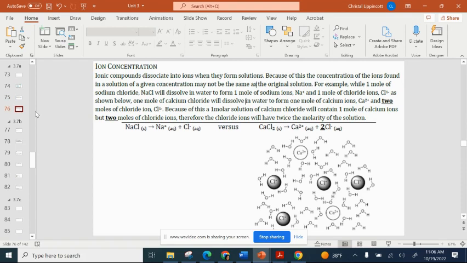Ion concentration then. Ionic compounds typically will dissociate into ions when they form solutions, but not everything does this. So that leads us to a conversation about solubility. Some molecules are more attracted to the water than they are to the other thing that they were in with.